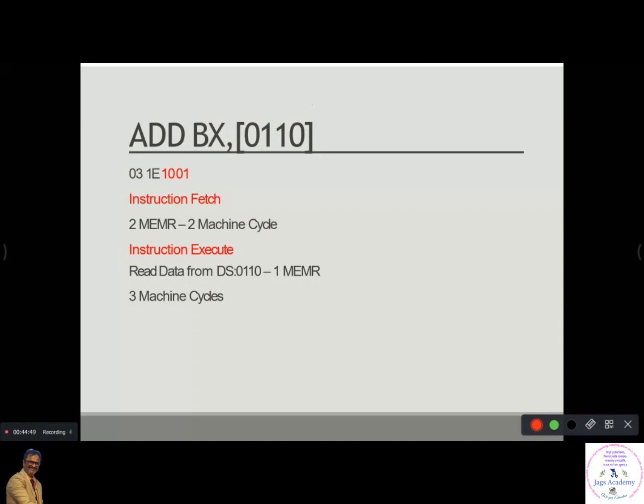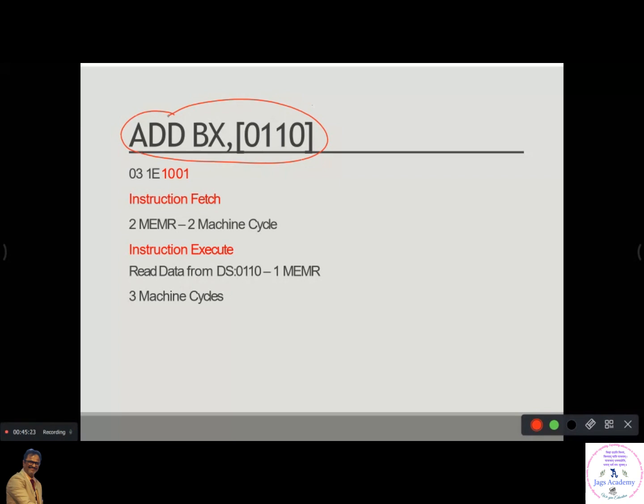Now this is the instruction. Listen carefully, all of you. Only here can you understand the facts. If you don't concentrate, you will never be able to understand this. Many people I can observe looking somewhere else. Don't do that. It's very easy to understand. A small kid of first standard can understand this. See, this is the instruction. It adds the content of the BX register and the content of the memory whose offset is 0110, and puts the result back in BX.